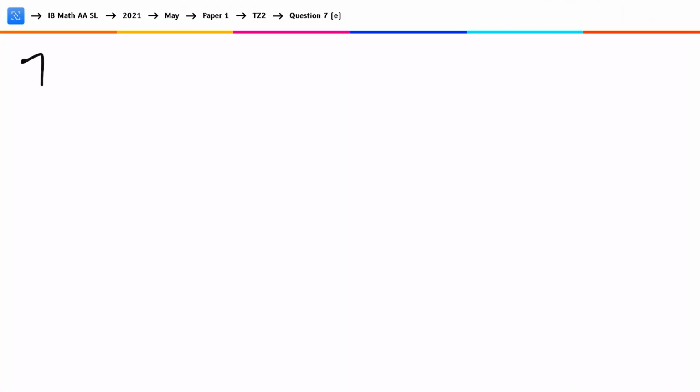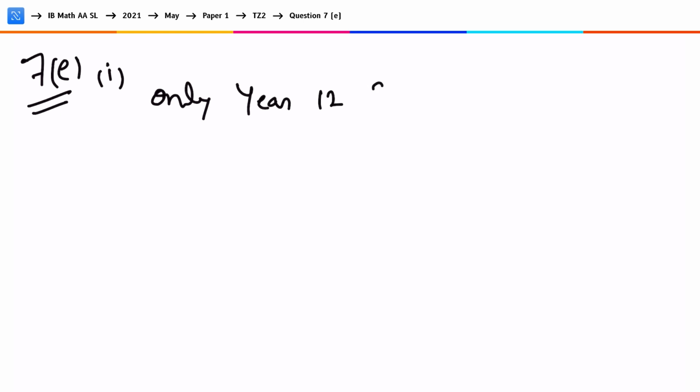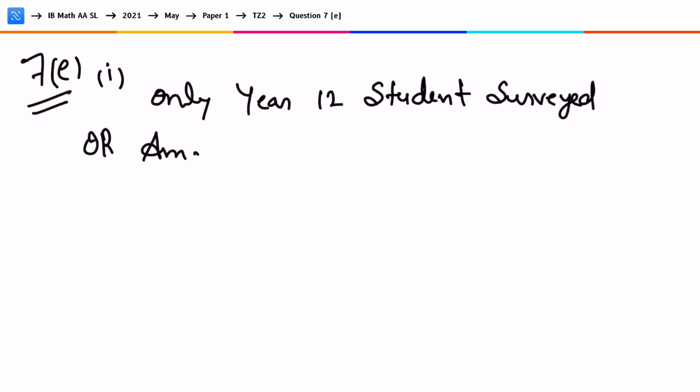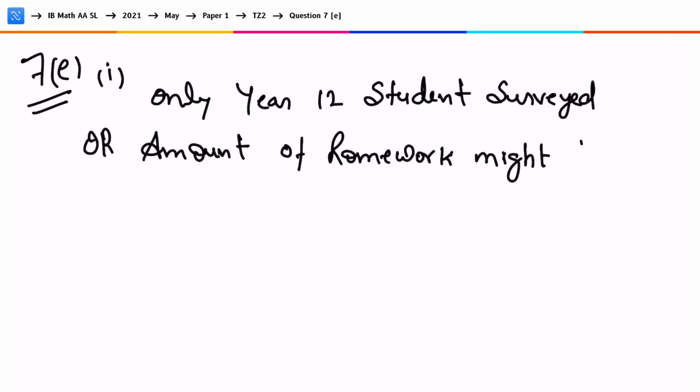Question 7E has first part. According to the question, it indicates that only Year 12 students were surveyed, or the amount of homework might be different for different year levels.